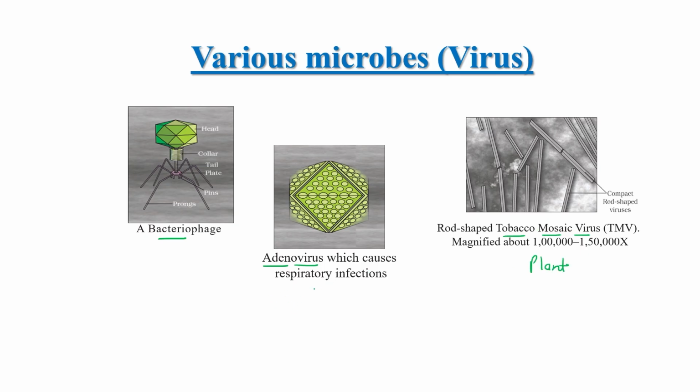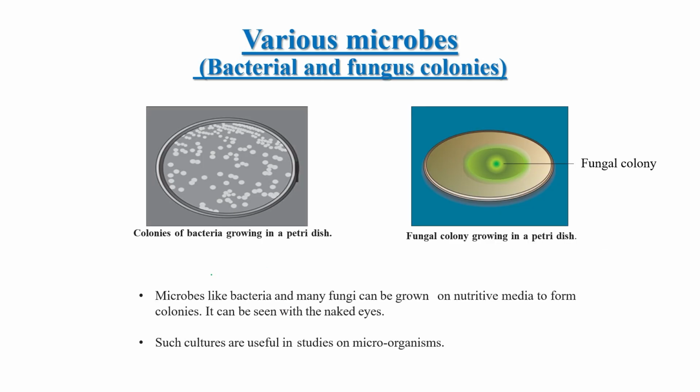This actually infects the respiratory tract of mammals or animals, and this is a bacteria. Bacteriophage, that is, bacteria-killing virus. So different types of viruses, bacteria, and fungal strains are mostly infectious in nature.